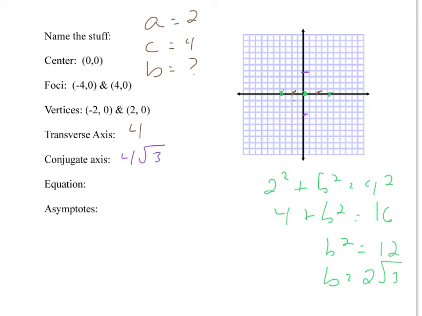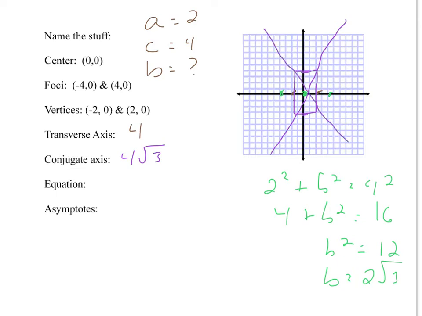Okay. Now, what's important about the conjugate axis and the transverse axis is I use those to make my asymptotes. So I'm going to make a box right here through both, using the lengths of my conjugate axis and my transverse axis. So my asymptotes are going to go from corner to corner through there like that.